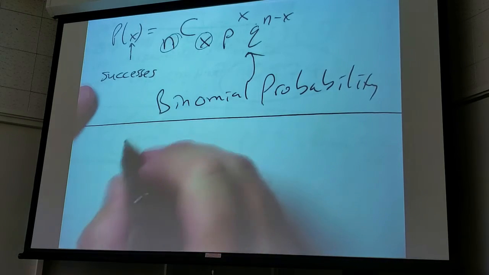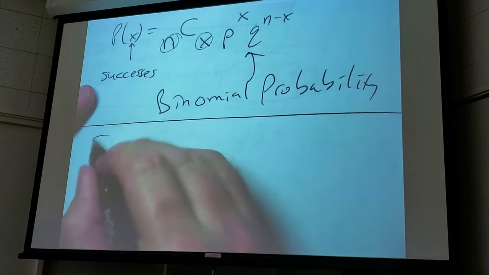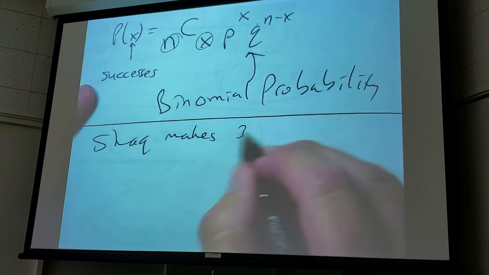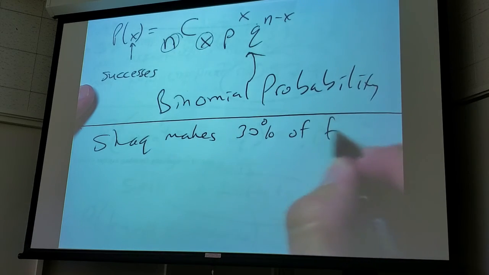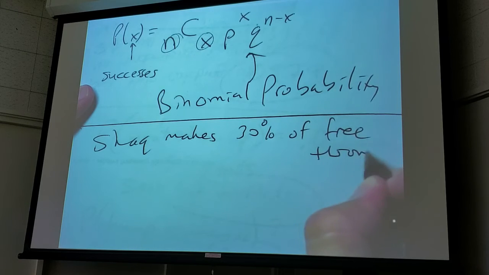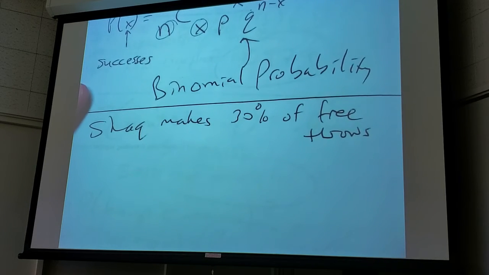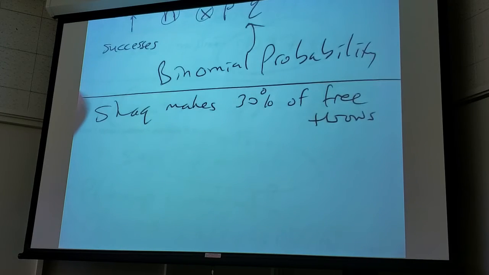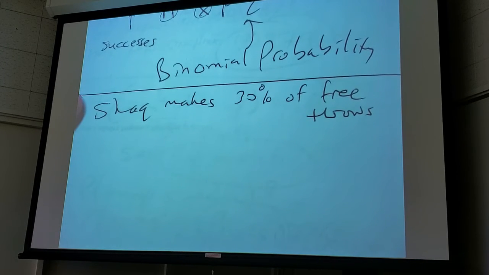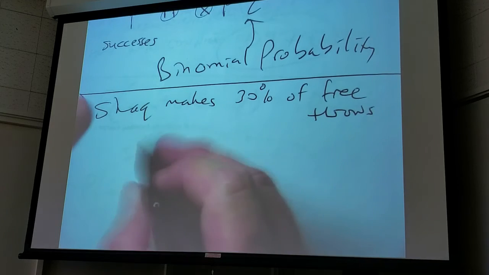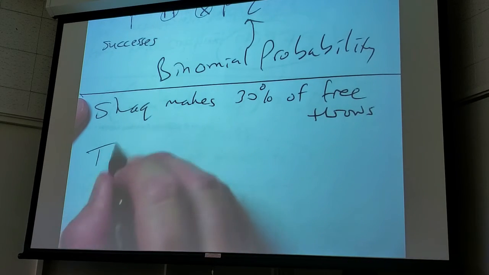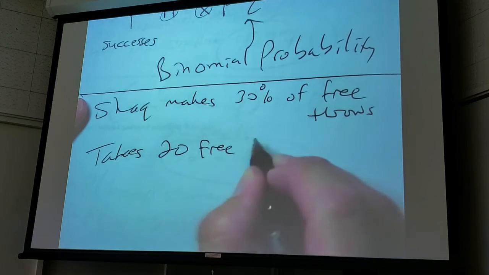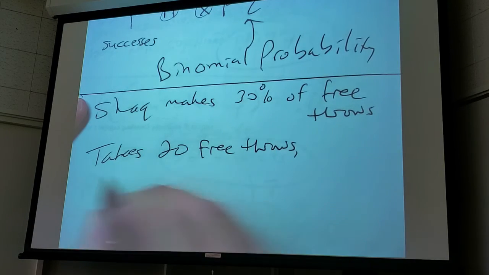So, let's pretend, let's say that Shaq makes, let's be really nice, 30% of his free throws. If he takes 20 free throws, how many should he make?